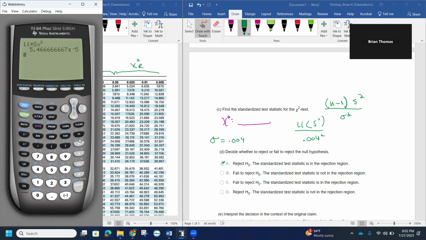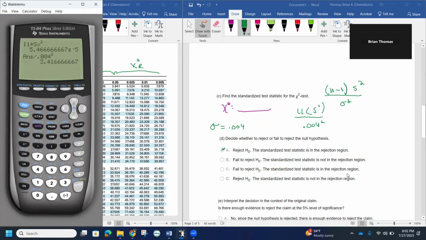Then I divide by 0.004 squared, and that gives us 3.417. So our standardized test statistic is 3.417 rounded to three decimal places.